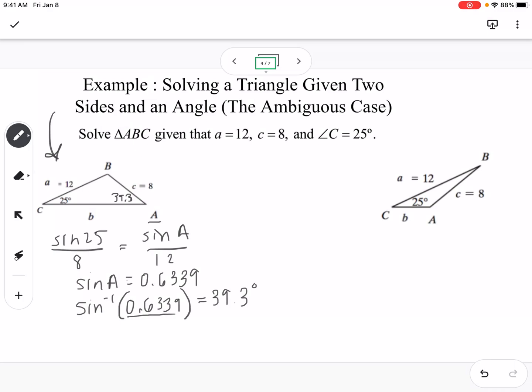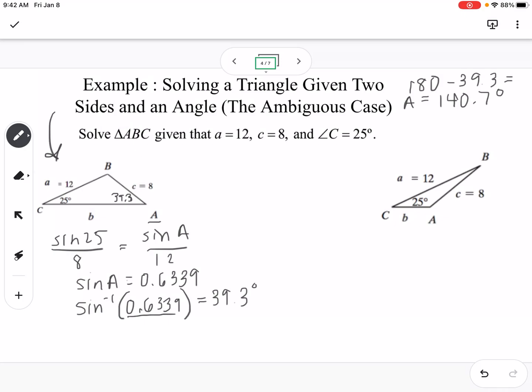So even though our calculator just gives us 39.3, there's another angle less than 180 that will have that same sine value. We find that by taking 180 minus 39.3, and we get 140.7 degrees. So that is potentially our other angle A, okay?